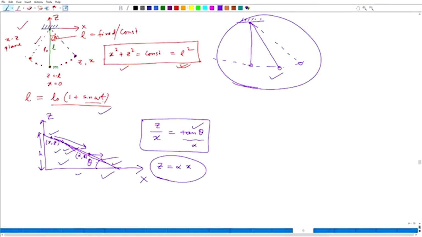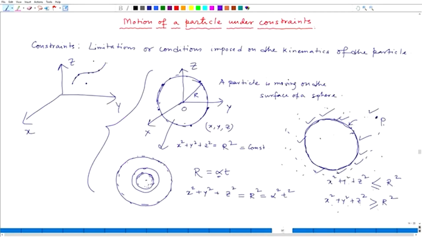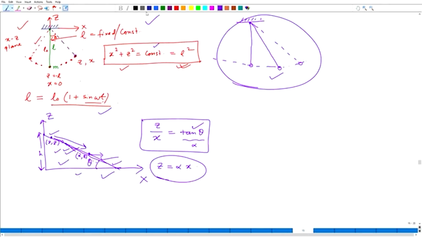If a constraint is independent of time, that is, explicitly there is no time in the expression of the constraint, for example the simple pendulum with a string of constant length, or the constraint where the particle moves on the surface of a sphere with definite shape, where you cannot see time appearing explicitly, then I can write some vocabulary.